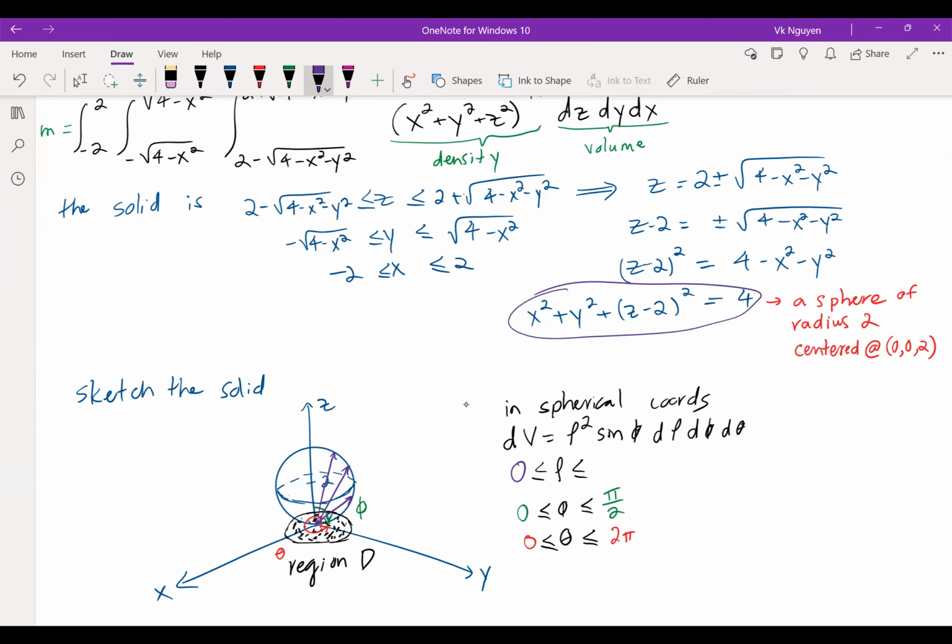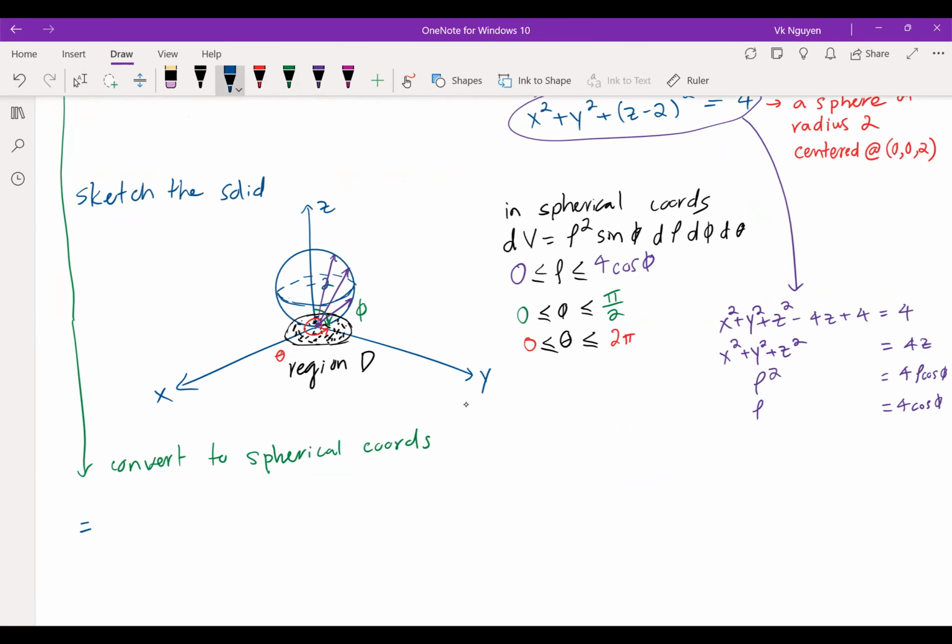So for cosine phi, the angle theta is 0 to 2 pi, the angle phi is 0 to pi over 2, rho from 0 to 4 cosine phi. And then we know x squared plus y squared plus z squared is just rho squared.